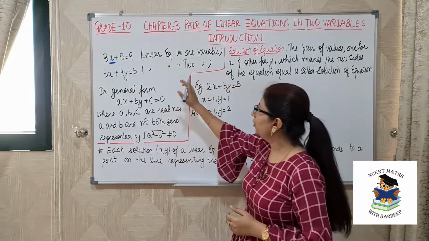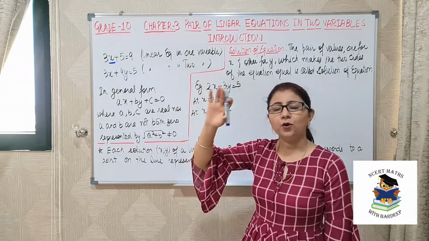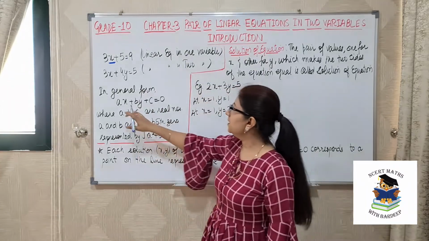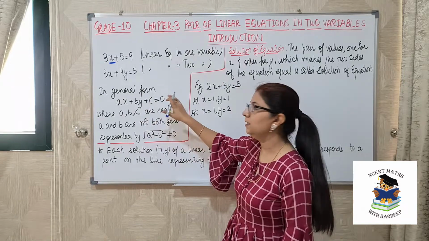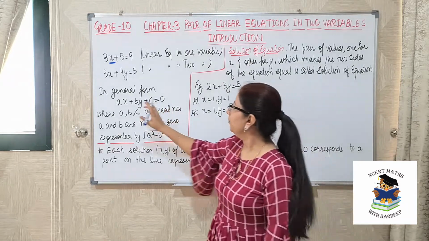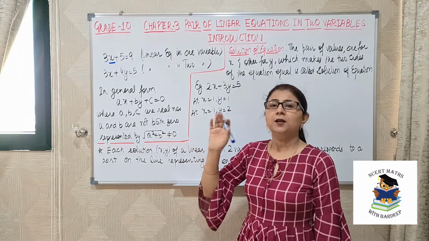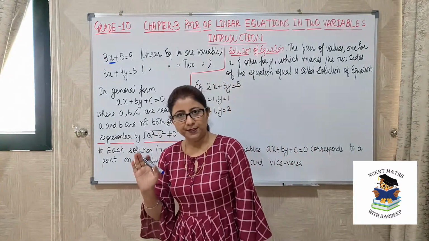Before going into detail, let's revise the general format of any linear equation in two variables. This is ax plus by plus c equals to 0, where a, b and c are any real numbers, but make sure that a and b both should not be 0.